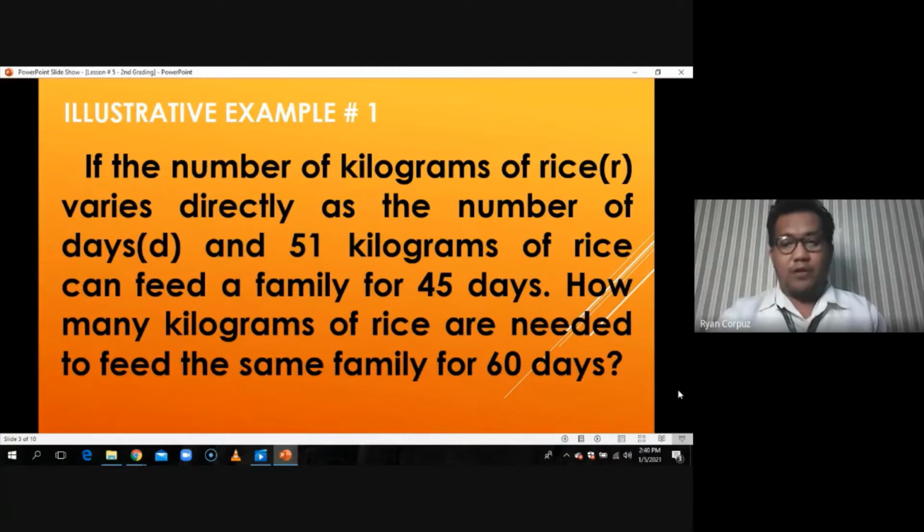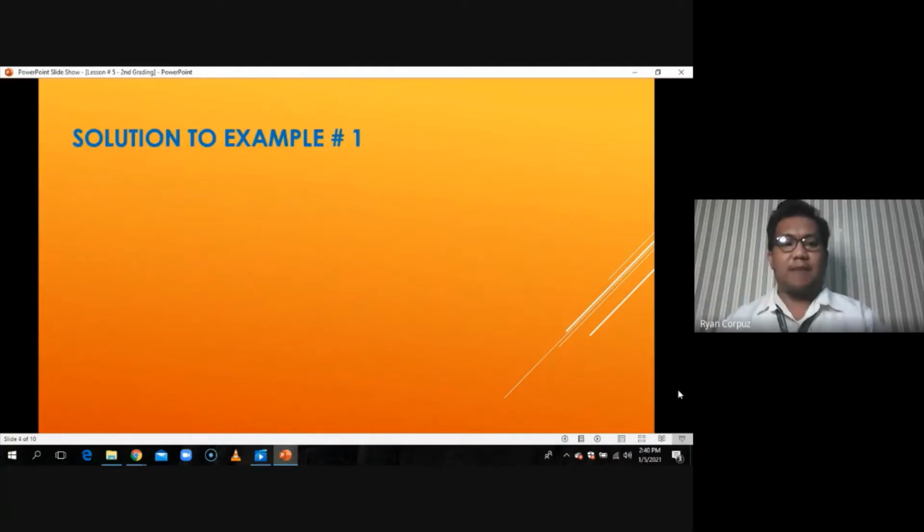So in order for us to come up with a solution to example number 1, applying the first step, we are going to translate the statement of variation. Earlier we said that we can shorten our statement of variation.